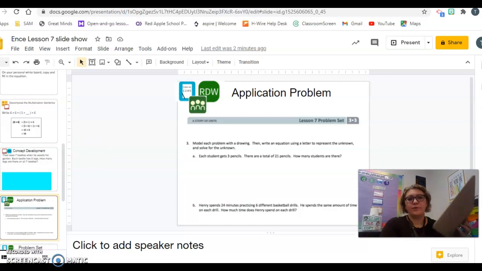Okay, so each student gets 3 pencils. There are 21 pencils. So again, I'm going to draw 3 pencils. I'm going to draw groups of 3 until I get to 21 and see how many students I have.